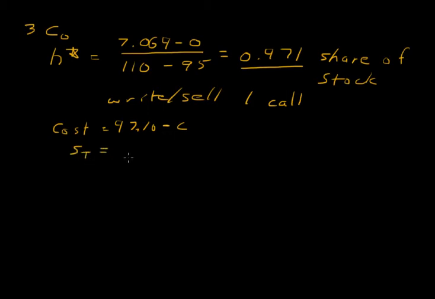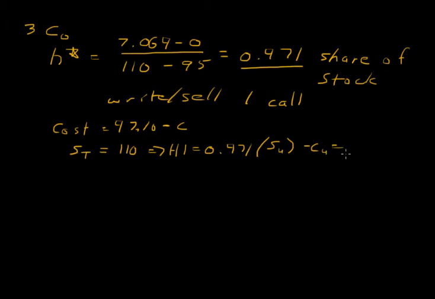Well, if the stock price goes up to 110, that means our perfect hedge ratio, which I'm going to call H1, of course equals 0.471 times the share of stock, the price of S up, and then minus call up.